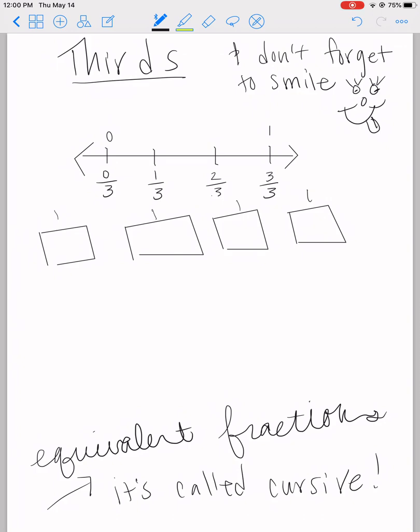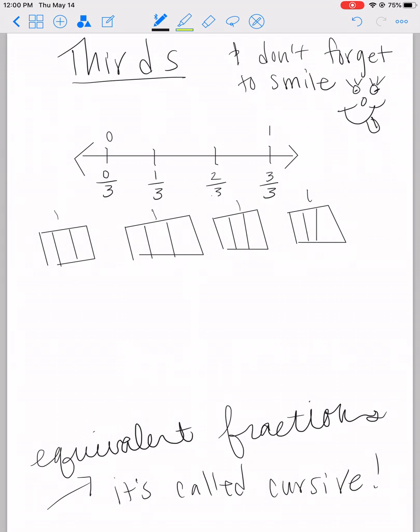So the first way we're going to do it is we're going to put this box into thirds. Okay, so we have 1, 2, 3. And then we're going to put this box into thirds. 1, 2, 3, because we're working with thirds. This box into thirds. 1, 2, 3. And 1, 2, 3.